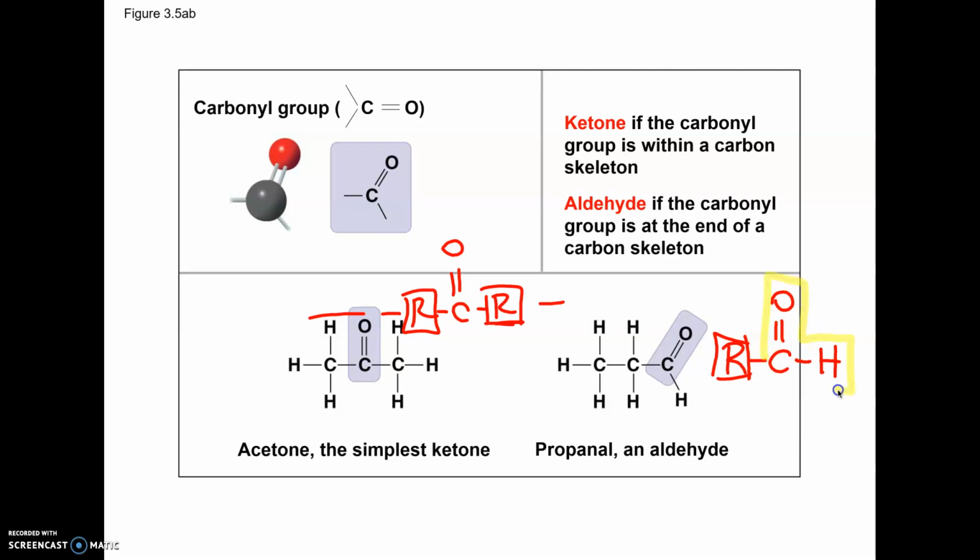So this is your aldehyde, just C double bonded to O and an H. And then your ketone, C double bonded to O, but in the middle somewhere of a carbon chain. So that's the difference. Again, ketone is the one here on the left, right here. That's your ketone in the middle. And then aldehyde, it's on the end. So here, carbon, oxygen, hydrogen.